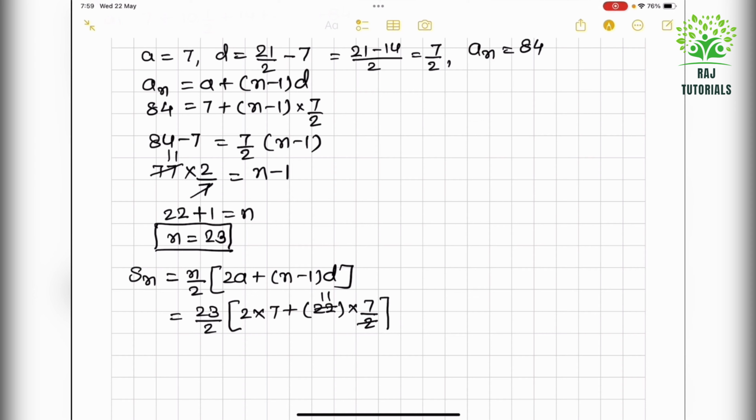So I have cut here only 2 and 22. So 23 by 2 into 14 plus 77. So that will be 23 by 2 into 91. So 2093 by 2.